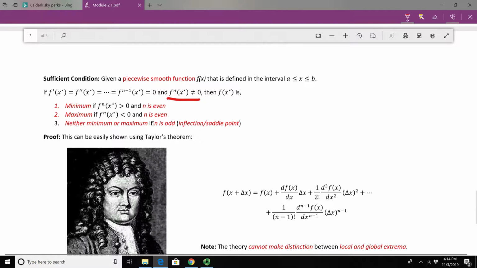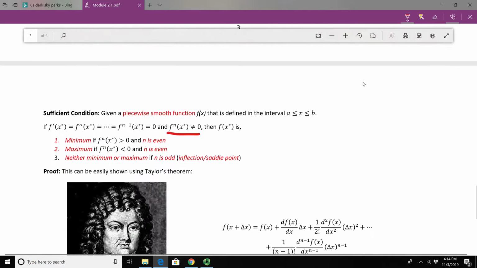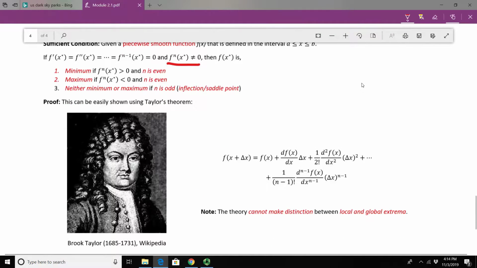If n is odd, it is neither a minimum nor a maximum. In this case, it is an inflection or saddle point, like what we have seen with x cubed. As you can see, my handwriting is not really good, so I will try to avoid writing as much as I can.